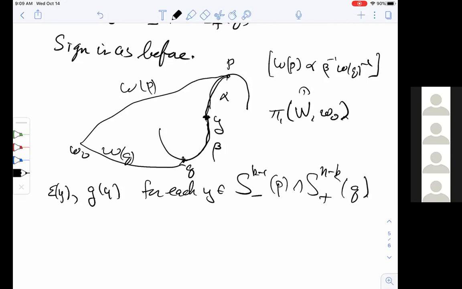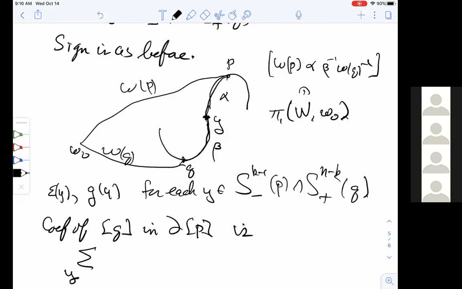And the coefficient of Q in boundary P is the sum over the points of intersection of epsilon Y, G Y in the integral group ring of the fundamental group. Okay?